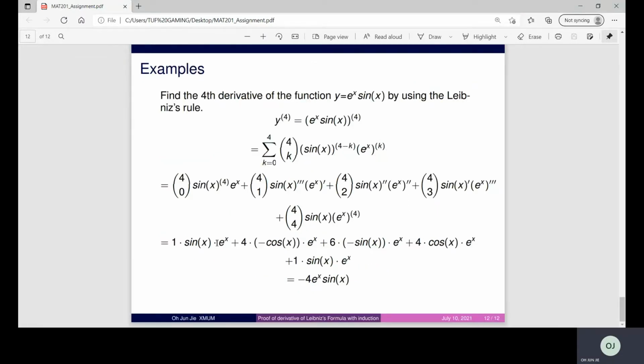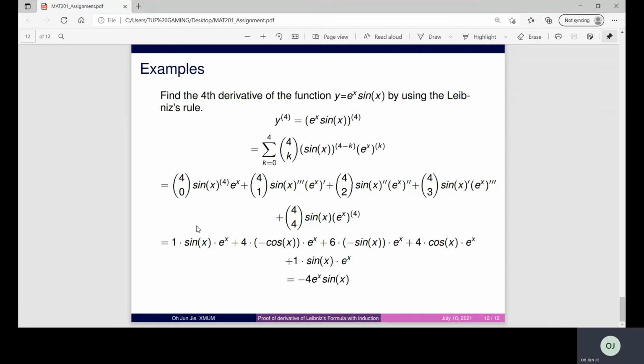Look at the example. Find the fourth derivative of the function e to the power of x times sine x by using the Leibniz formula. It equals the sum from k equals 0 to 4 of the binomial 4 to k times the derivative of order 4 minus k of sine x times the derivative of order k of e to the power of x.